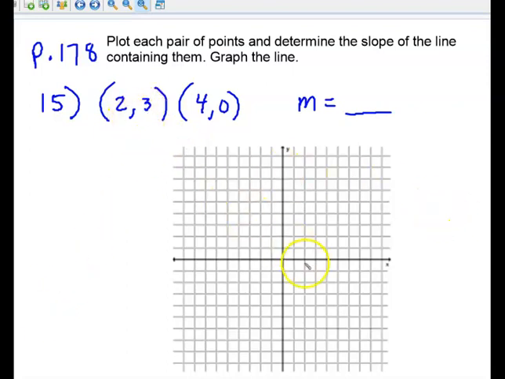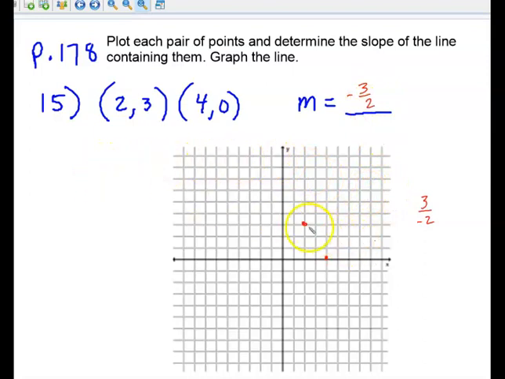You could plot these points, 2, 3, 4, 0, and then use the old expression rise over run: up 3, which would be positive, left 2, which would be negative. And you could come up with the slope that way.